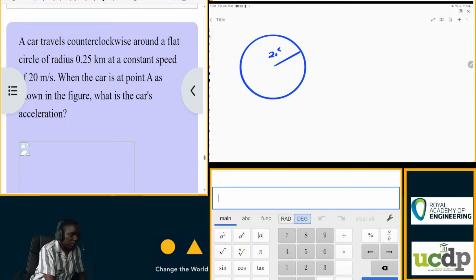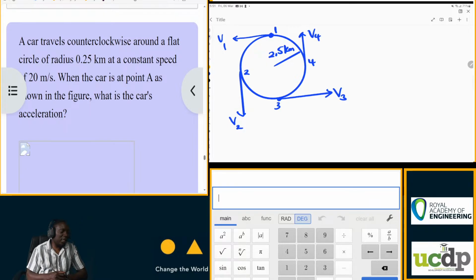So that's 2.5 kilometers, and the car is traveling around that circle counterclockwise. So we have V. If this position is 1, V1, position 2, V2, position 3, V3, position 4, V4. So it's going in a circle of radius 2.5 kilometers counterclockwise.